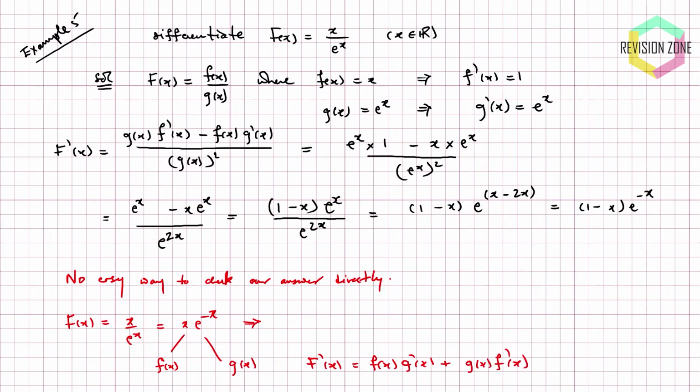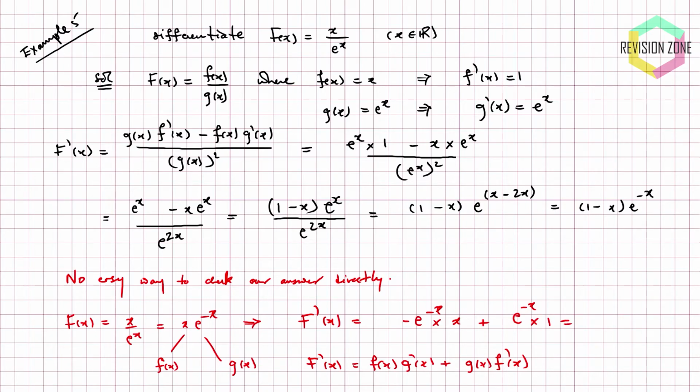We did a lot of this in the previous video, so if you're not sure about this, please go take a look at that. So I can write down my derivative of capital F in this case by differentiating the g, which is minus e to the minus x, and multiplying that by f, which is just x, and then adding on my g, which is e to the minus x, multiplied by the derivative of f, which is just 1.